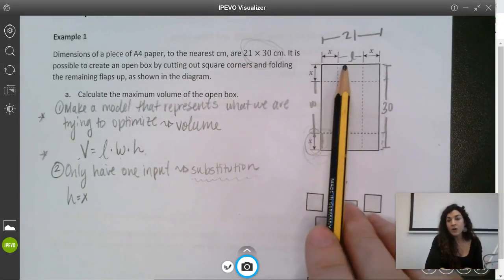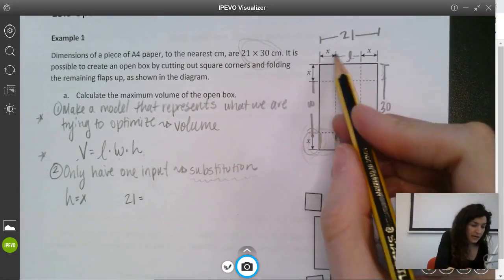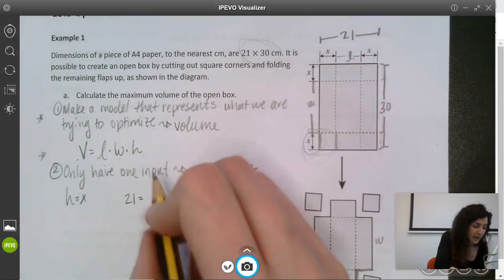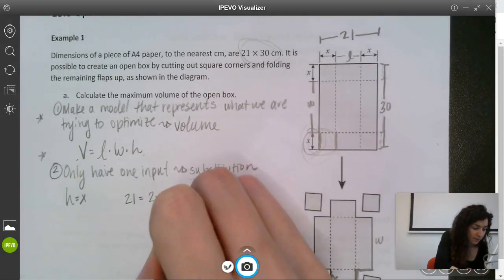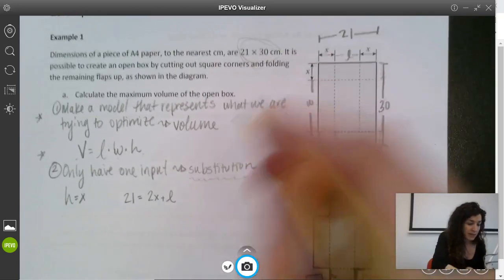So we know that 21 equals x plus L, and we know that 30 equals x plus w plus x.